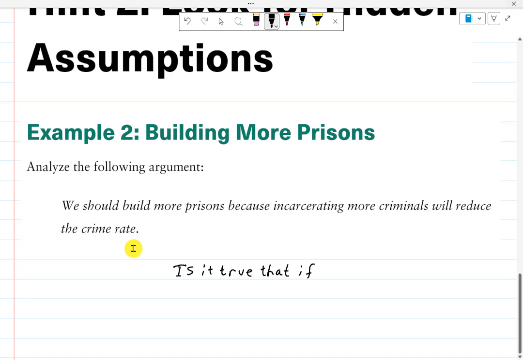So is it true that if you jail more criminals, crime will go down? Is that absolutely true?